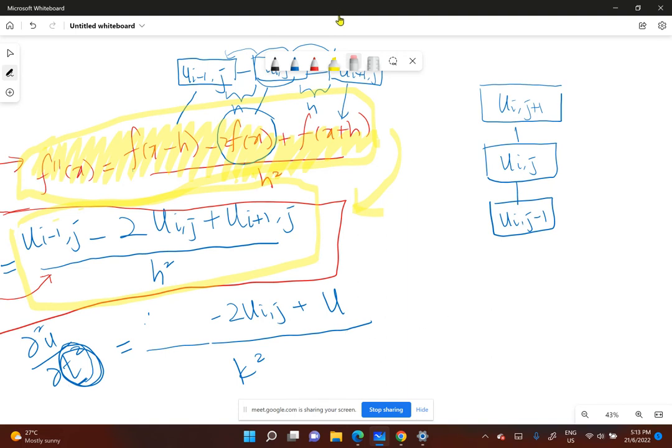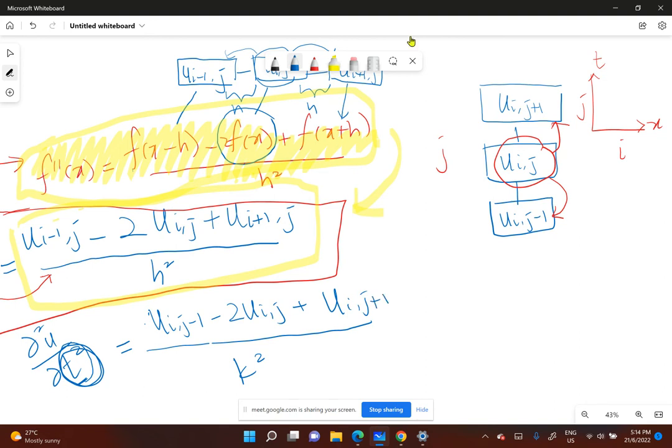T that mean dia terhadap yang J ni. Ingat lagi graf tadi saya kata ni X. Ni T. So kalau X, I yang berubah. Kalau T that mean J yang berubah. So kalau ini adalah tengah, UIJ. Kalau dia tambah step size, tambah H, dia akan jadi UIJ plus 1. Kalau dia tolak step size, dia akan jadi UIJ minus 1. So kat sini, here is UIJ minus 1, and this one is UIJ plus 1.